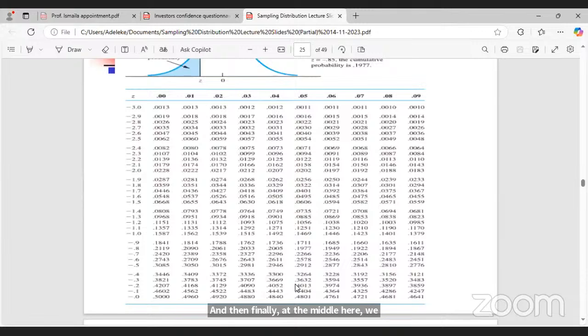The values inside the Z table represent probabilities. In fact, they are actually the values of integrating. You know, when you find the area under a curve, you will integrate from the minimum to the maximum value. So the minimum there is minus infinity.